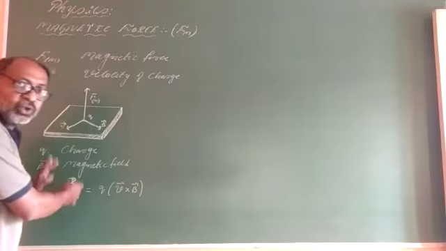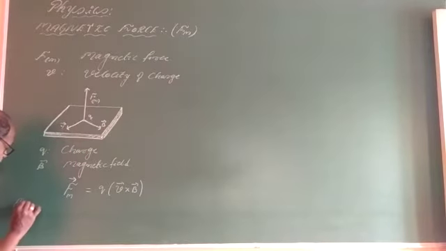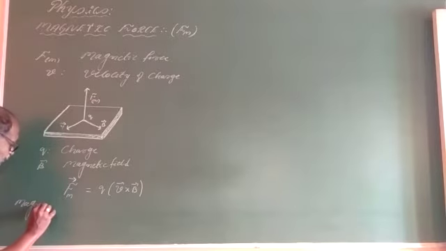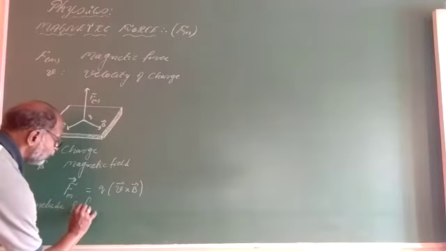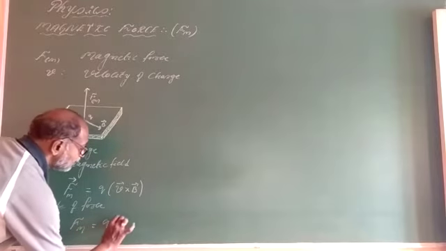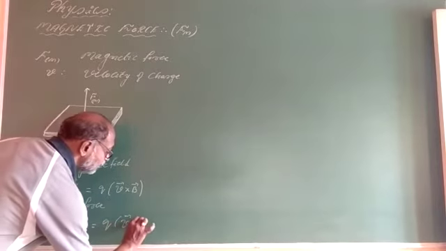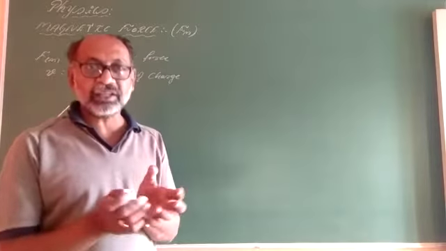Then what is the magnitude of that force? The magnitude of the magnetic force is Fm equal to Q into V into B sine theta.